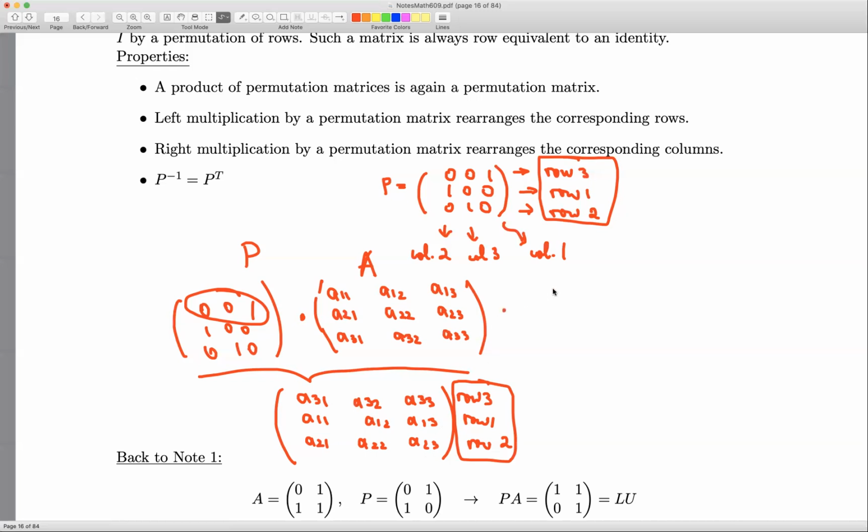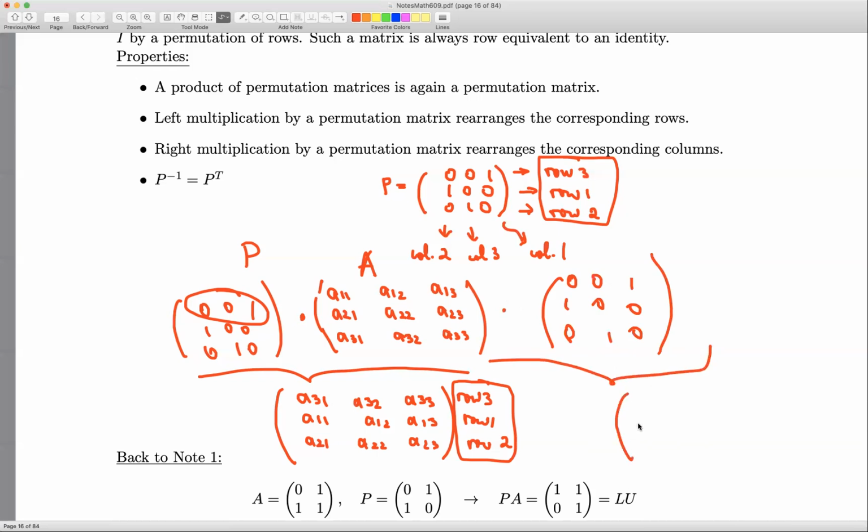And if I multiply the matrix A on the right by the same permutation matrix, 0 1 0, then what will be this result here?